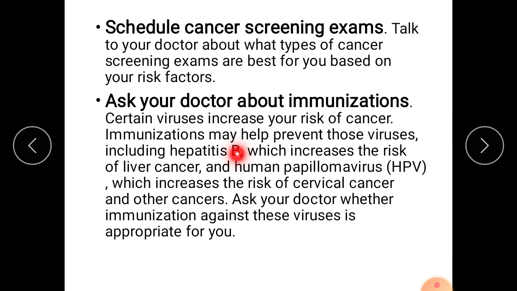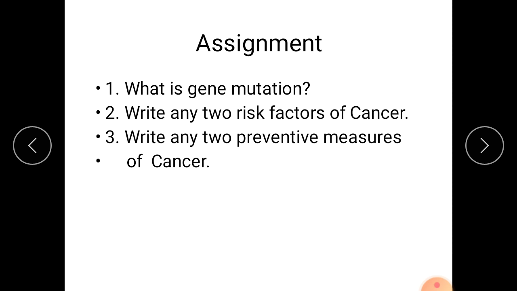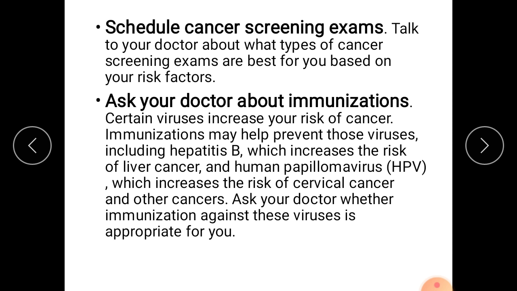Immunizations may help prevent those viruses, including hepatitis B, which increases the risk of liver cancer, and human papilloma virus, which increases the risk of cervical cancer and other cancers. Ask your doctor whether immunization against these viruses is appropriate for you or not. So these are the preventive measures.